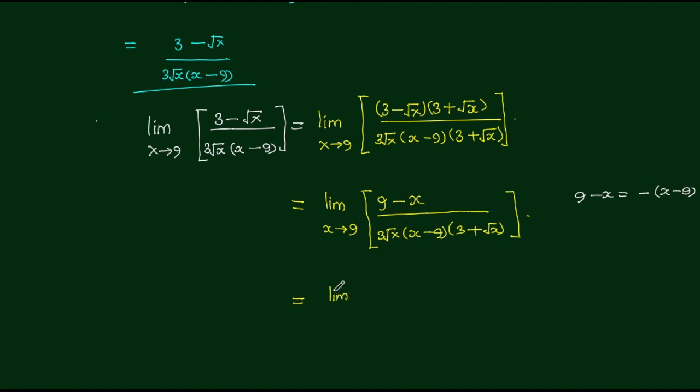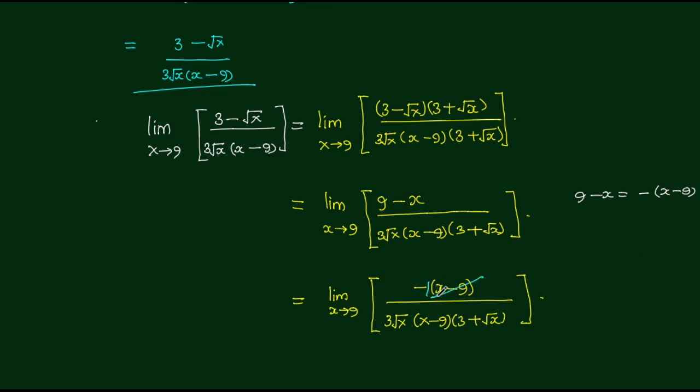So let's move on and replace that in the numerator. Limit as x tends to 9, we shall have negative x minus 9, divided by 3 root x times x minus 9, then 3 plus root x. So from here we can now go ahead and cancel x minus 9 in the numerator and denominator.